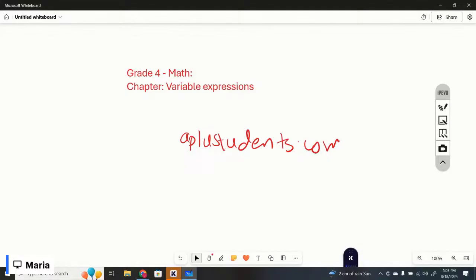Then you have to scroll down to grade 4 math and click on view all lessons. There you can find the list of the chapters. We're going to start with the chapter variable expressions.